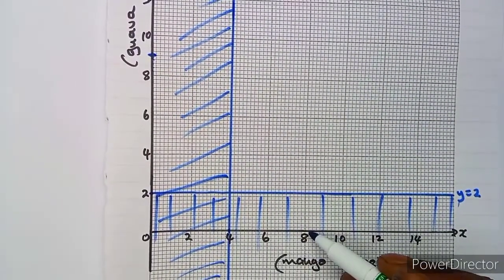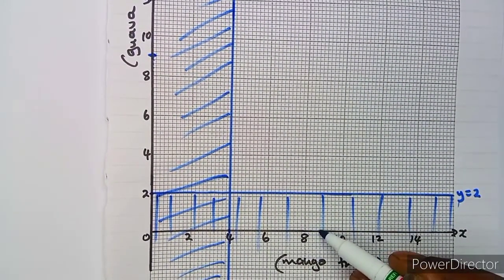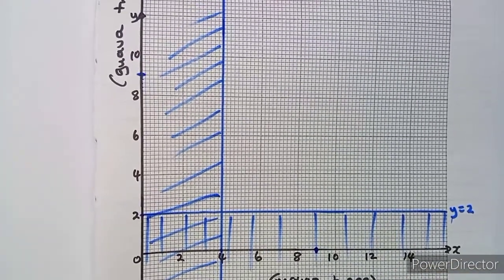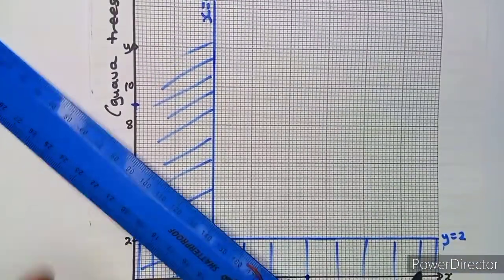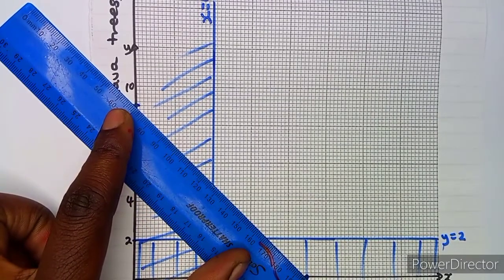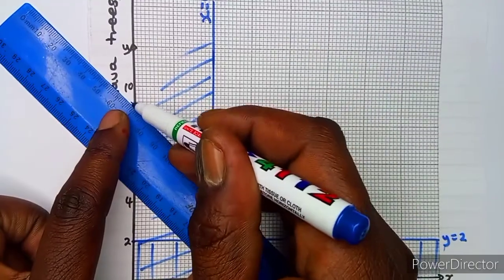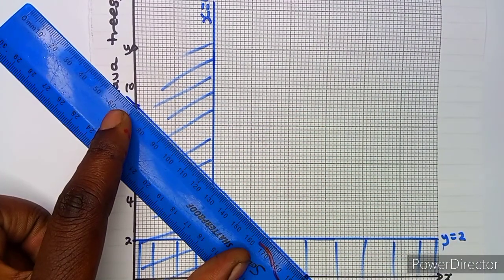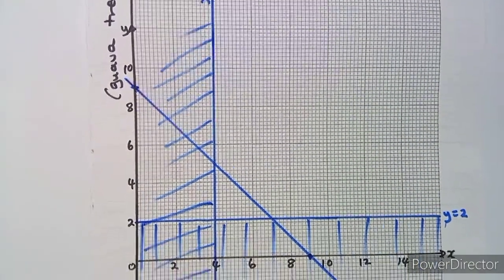We count 9: 1, 2, 3, 4, 5. Okay, that's our (9, 0) here. We mark the point. So all you need is to join this point 9 here and also 9 here on x. Make sure you join these two properly like this. That is how it's going to look.